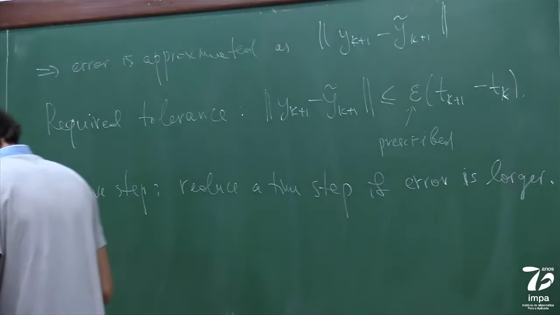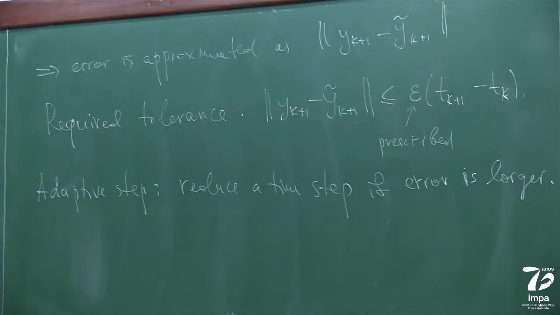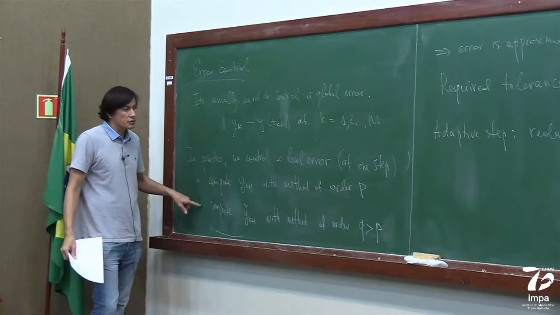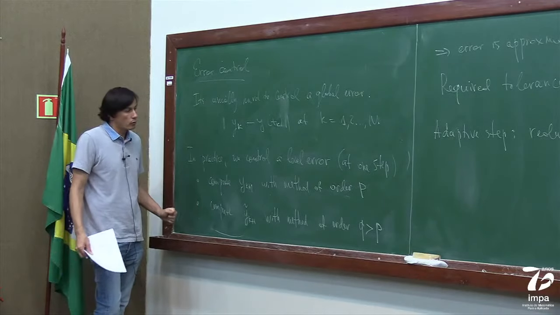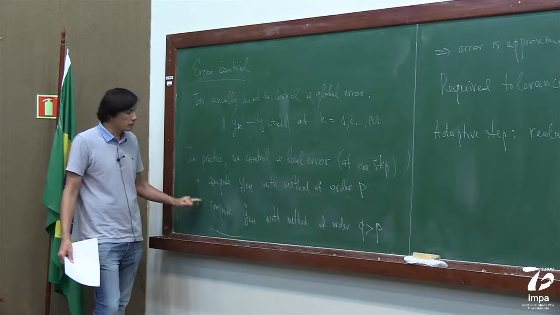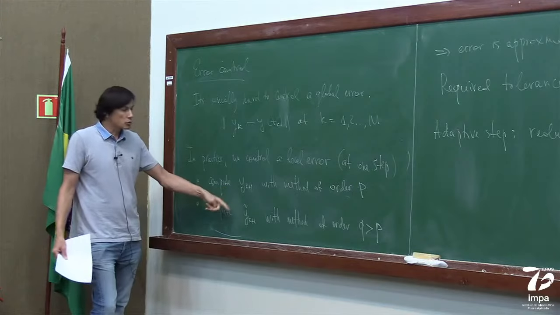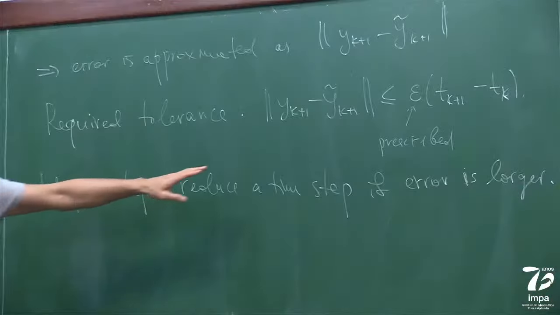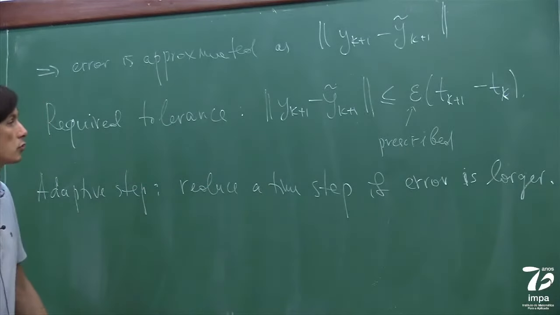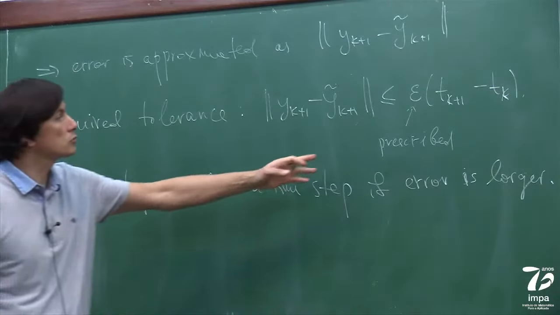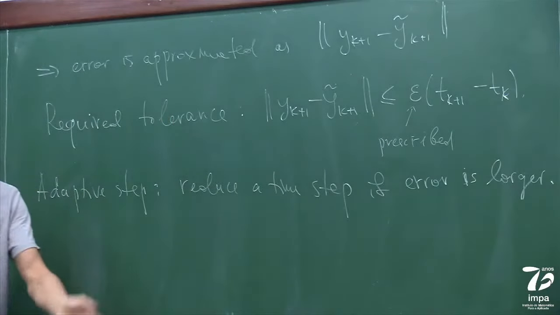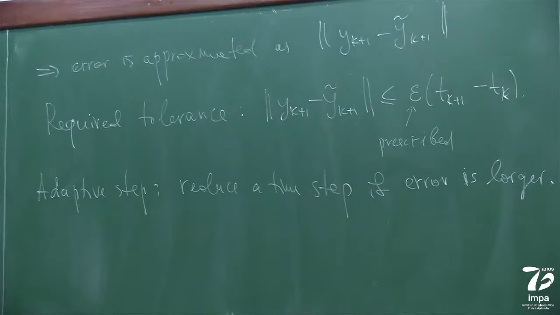So essentially what the usual methods are doing is that every time you make a computation, you compute the values with two different methods, with two different orders, and check if the error is good or not. If the error is not good, so if this is bigger, then you just decrease the time step and redo it. You can also do it in the opposite direction.